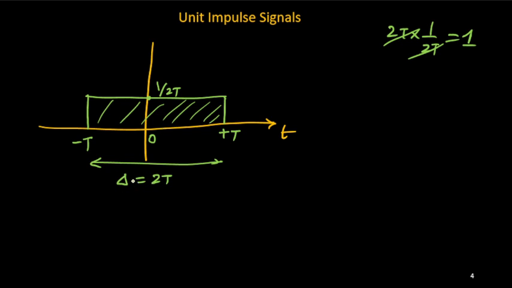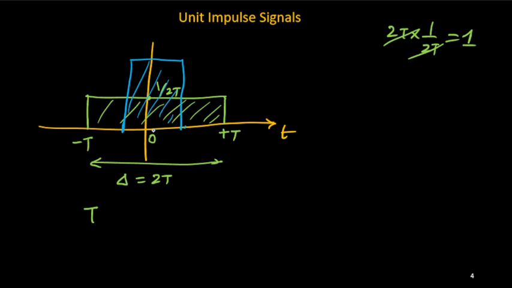Now suppose this T is reduced. If I make it half, it is minus T by 2 to plus T by 2. Then what will happen? I need to increase the height to keep this area equal to 1 again.